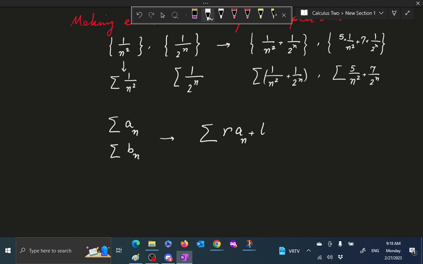So r times a n plus t times b n, and attempt to sum these. Now, if it so happens that the sum of the first series becomes some number a and the sum of the second series becomes b, then it's rather easy to show that after you combine them, you will have r times a plus t times b.